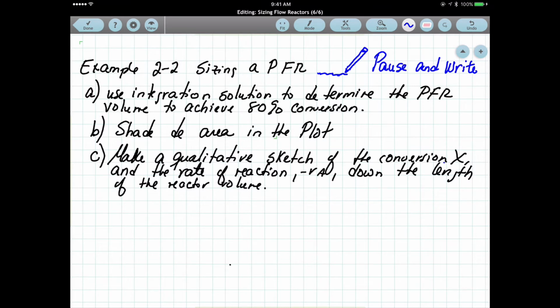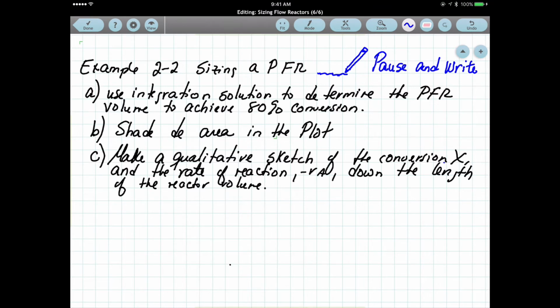The first part of the statement asks you to use an integration solution to determine the PFR volume to achieve 80% of conversion. If we solved some problems where we had the rate law equation, with the rate law equation we can get the analytical solution of the first order integral.